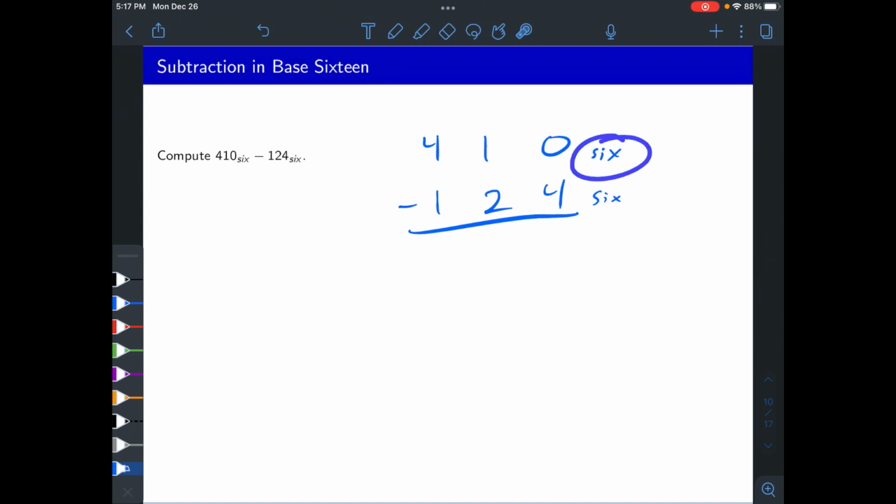By the way, I like writing the base 6 over here, not because it makes the problem more correct in any substantial way, but it reminds me what base we're working in. So I think writing this here, even though it seems unnecessary, is kind of helpful as a check.